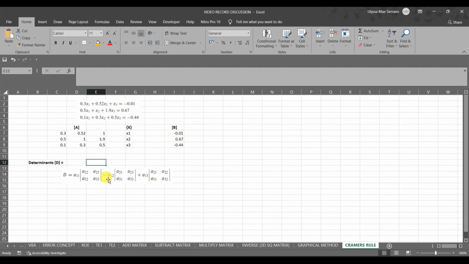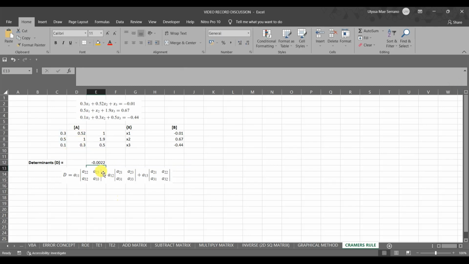So, using the given equation, finding the determinant is simply A11 multiplied by the difference of the products A22 times A33 minus A32 times A23, minus A12 multiplied by A21 times A33 minus A31 times A23, plus A13 times the difference of the products A21 times A32 minus A31 times A22.